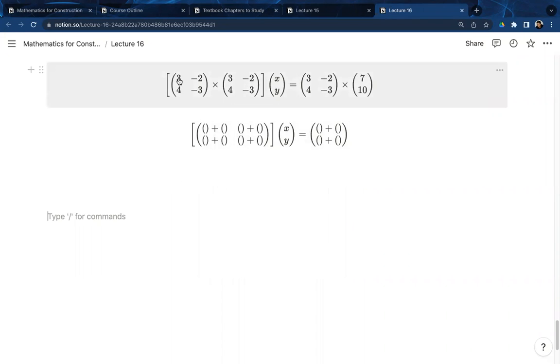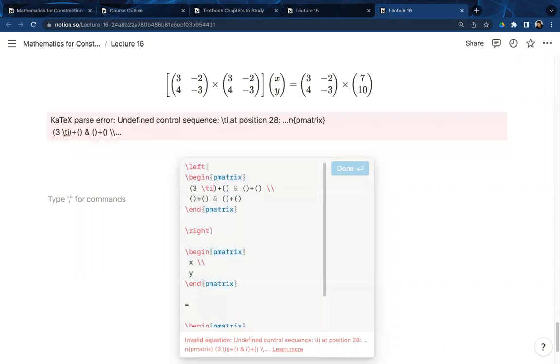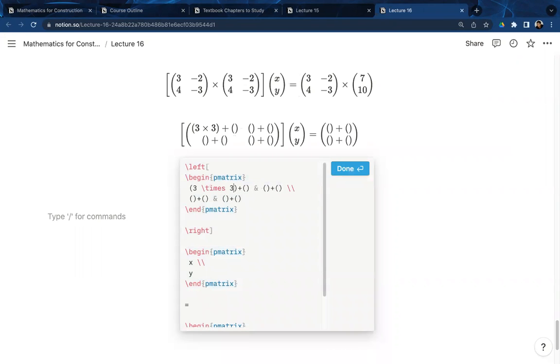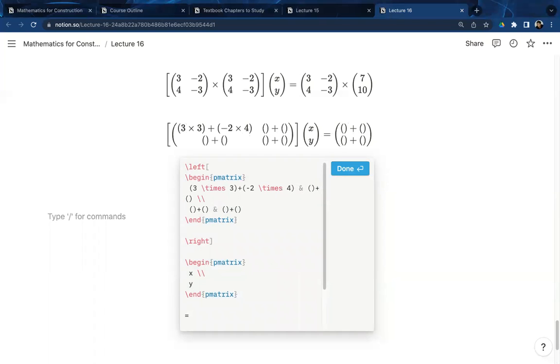Top left element is first row by first column. So 3 by 3 minus 2 by 4. Right? Top right is the first row by second column. So 3 by minus 2 plus minus 2 by minus 3.